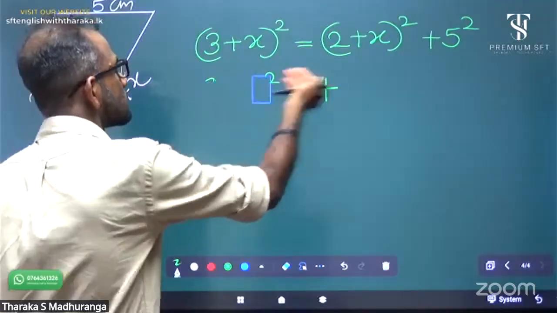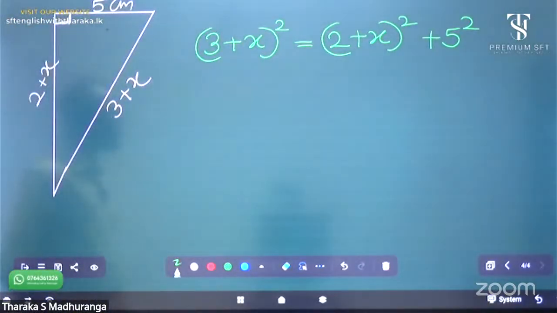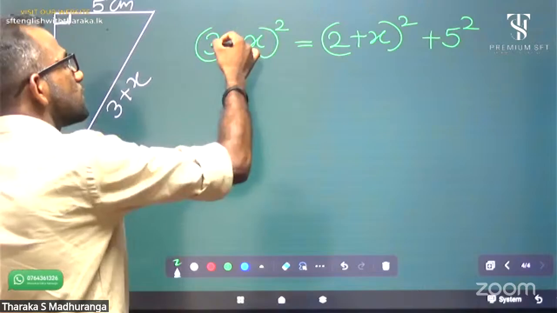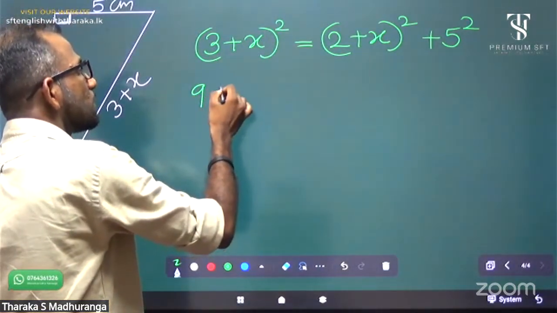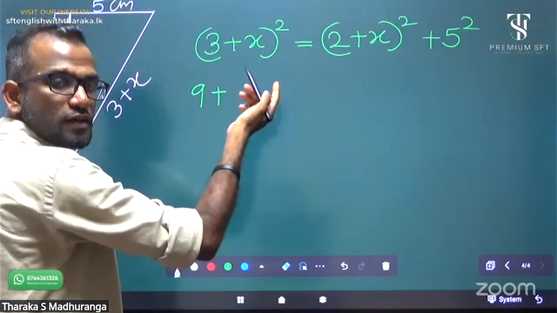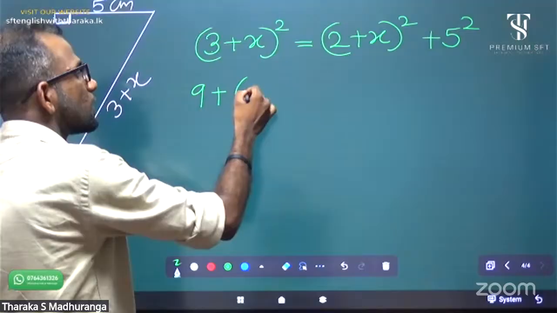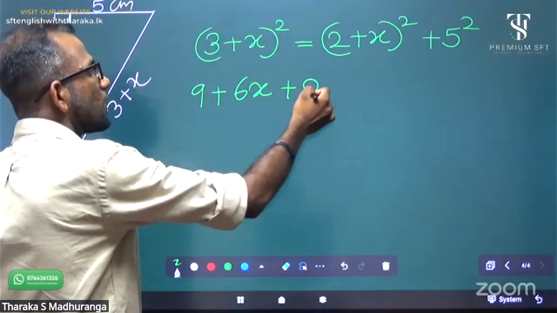Sorry, not like that. Make it like this: 3 squared means 9, plus 3x into 2, 6x, 6x, plus x squared.